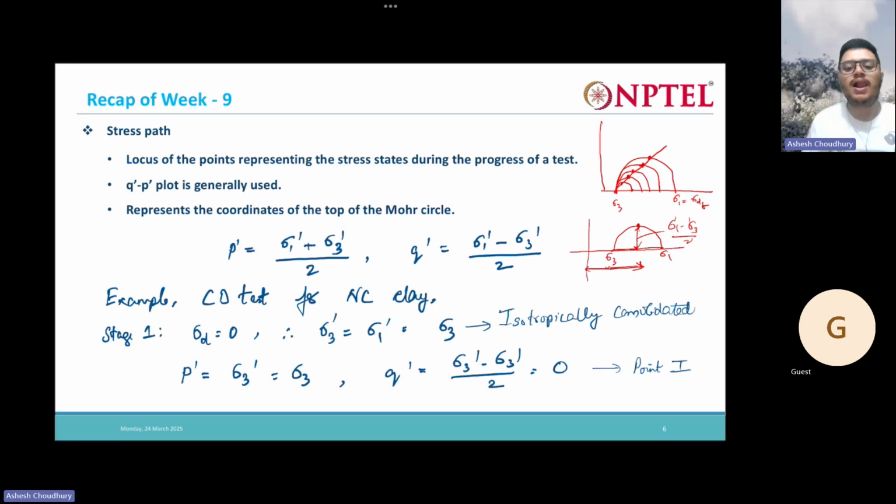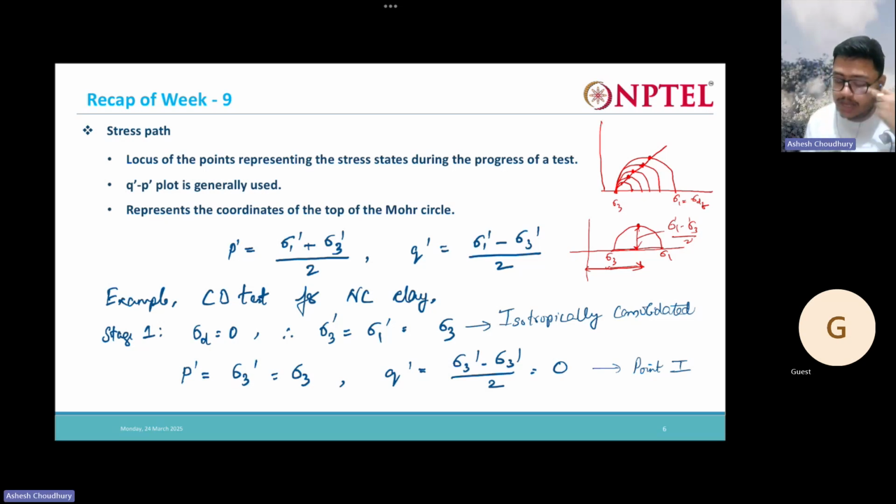Isotropically consolidated means you apply the same stress in all the principal directions and consolidate the soil under that stress. Anisotropically consolidated means, say, in this direction you apply some stress and in the vertical direction some other stress, and consolidate in that stress arrangement.